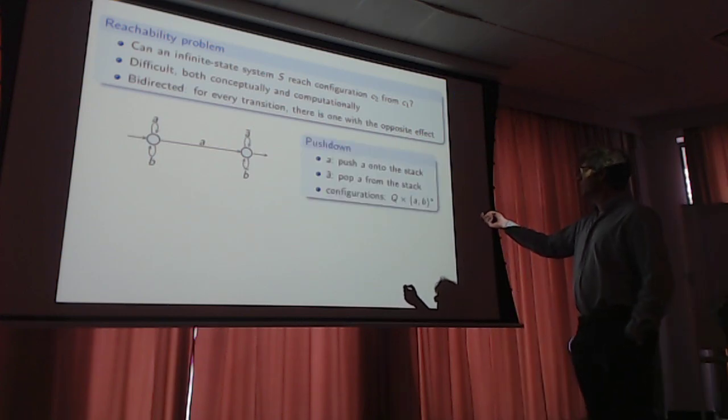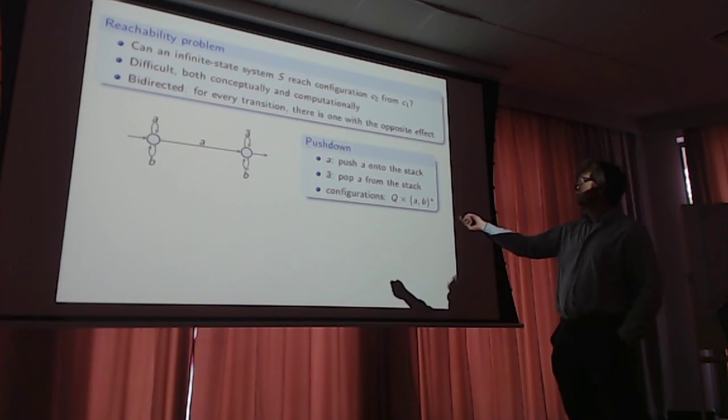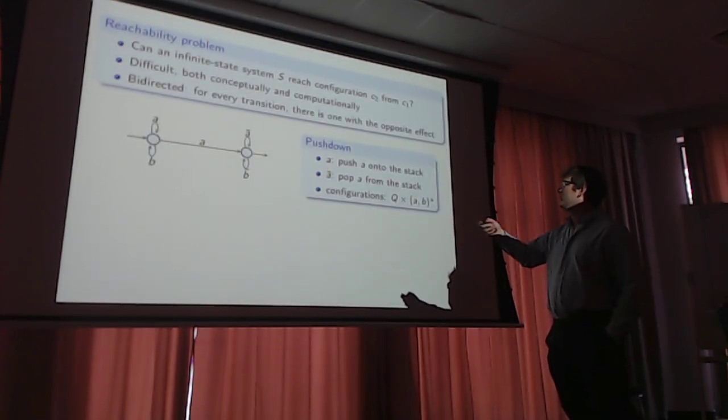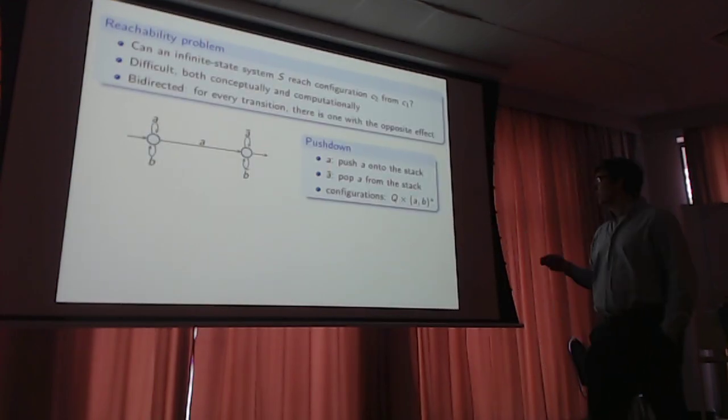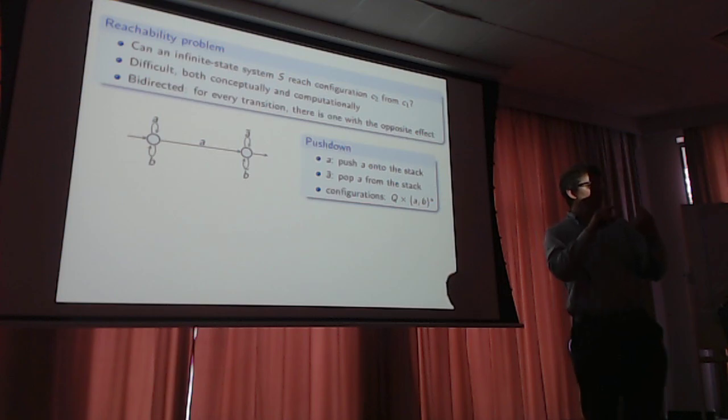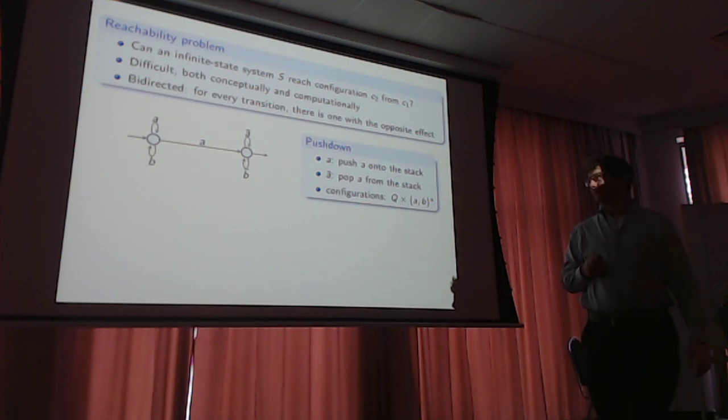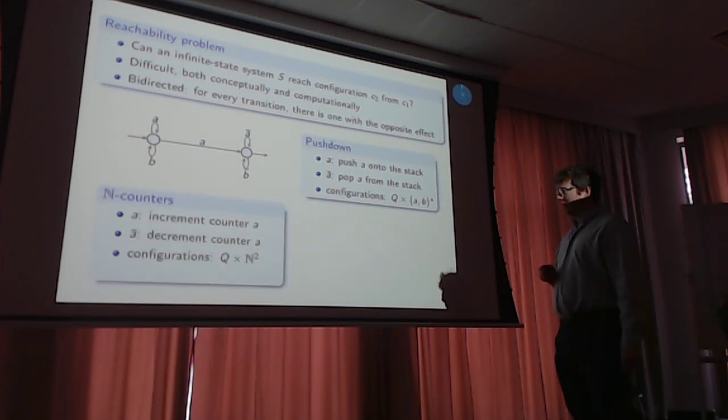You can have a pushdown automaton where you have push actions. Let's say an A means you push A onto the stack, and an A bar means you pop A from the stack, and you have configurations in states and stack contents. Then it makes sense to say something is bidirected, because whenever there's a push, there's a corresponding pop in the other direction, and vice versa.